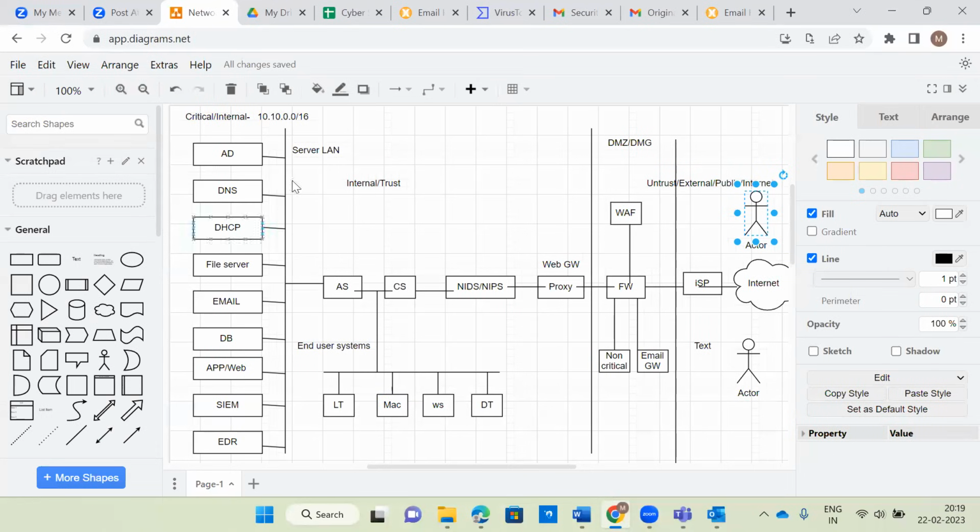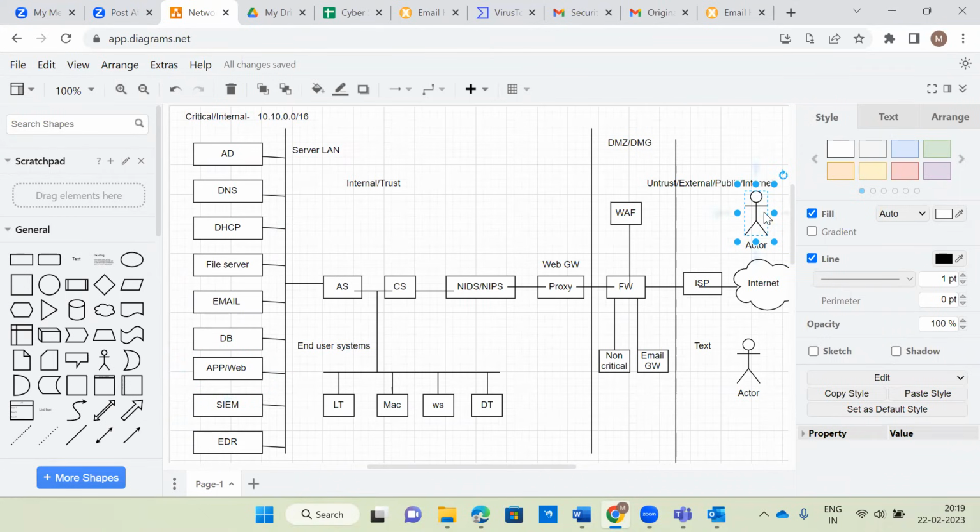The trust zone. What is the server name for the Infosys career website? Which server? The app or web server, the application server, web server.